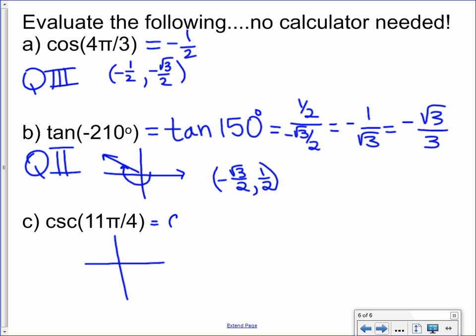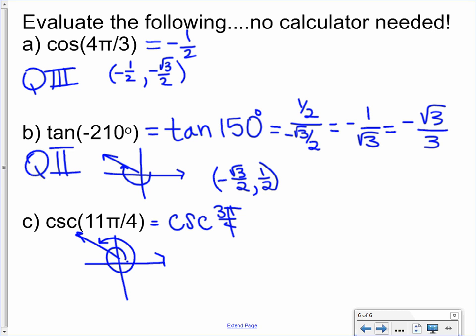This is the same as the cosecant of 3 pi over 4, which is where? Second quadrant. Okay? 11 pi over 4 would look like this, right? Okay? Our reference angle would be 45 degrees, or in this case, pi over 4.